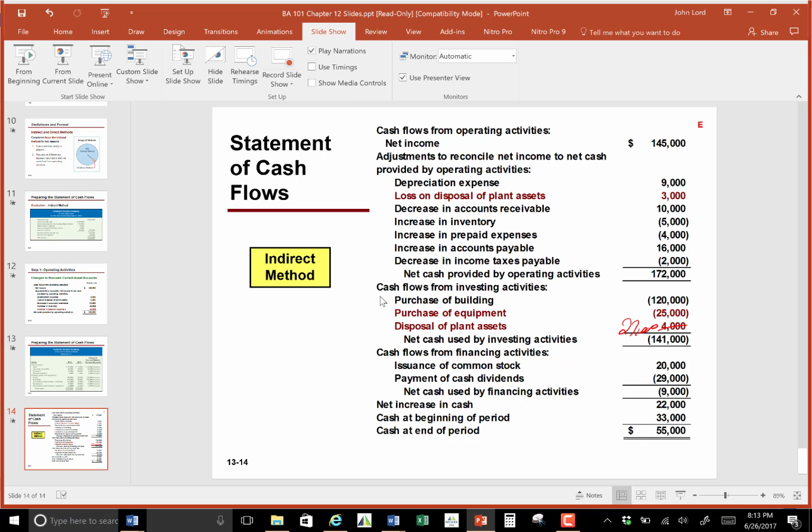When we deal with cash flows from operating activities, we're going to have our current items, losses and gains, amortization, and depreciation.